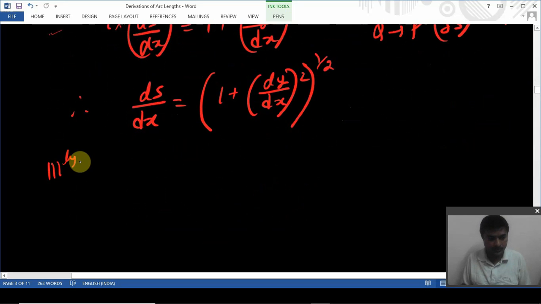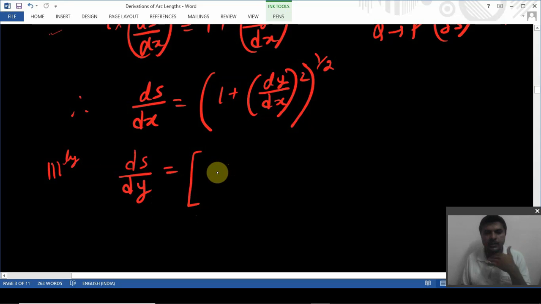Similarly, students, if this is with respect to y, then easily you can prove ds upon dy is equal to, wherever x is there just take y, and wherever y is there take x.